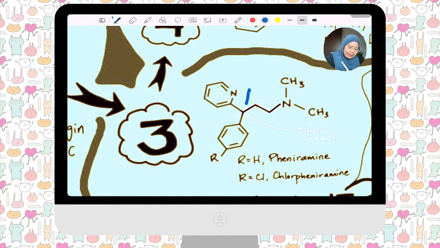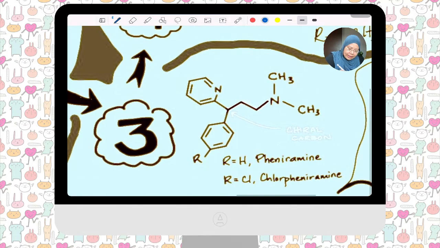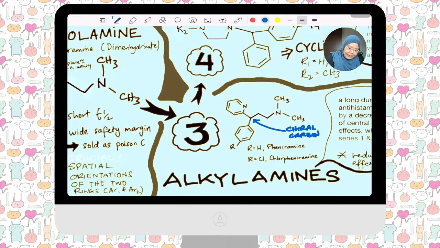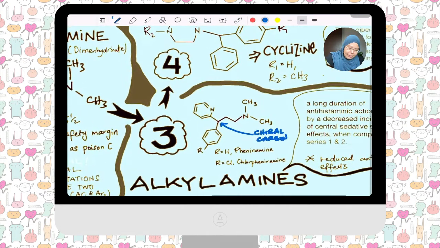You probably can't see this, but I'm labeling it as a chiral carbon. Chlorpheniramine, one of the most popular over-the-counter drugs, is when R equals chlorine.